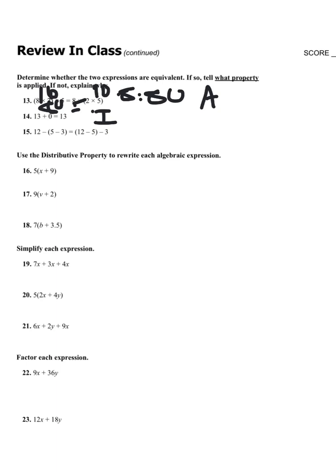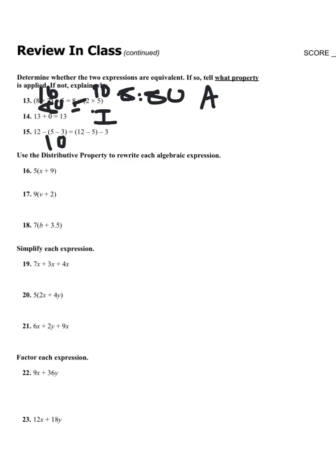Looking at 15, we have 12 minus 5 minus 3 in parentheses, and 12 minus 5 in parentheses minus 3. So we're going to look at if these two are equivalent. First, we're going to solve for our parentheses first. So we have 5 minus 3 is 2, and then 12 minus 2 is 10.